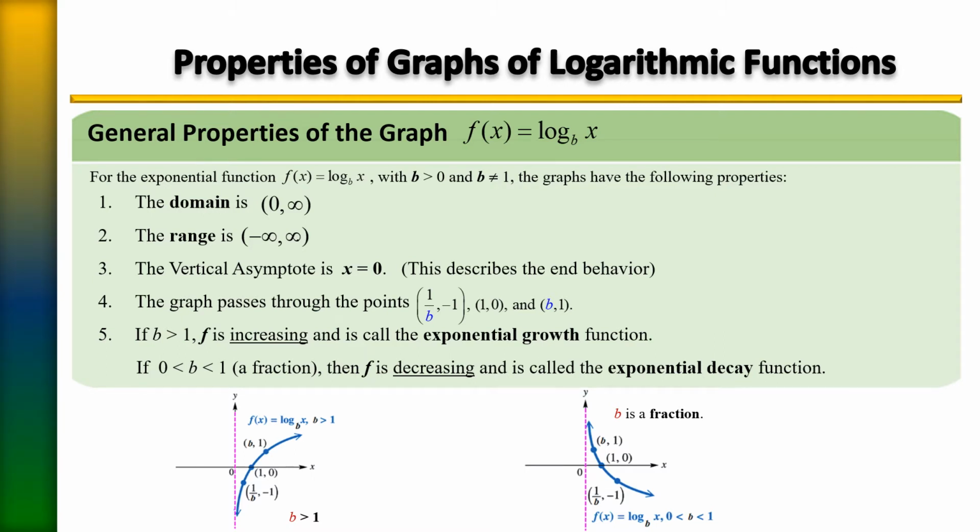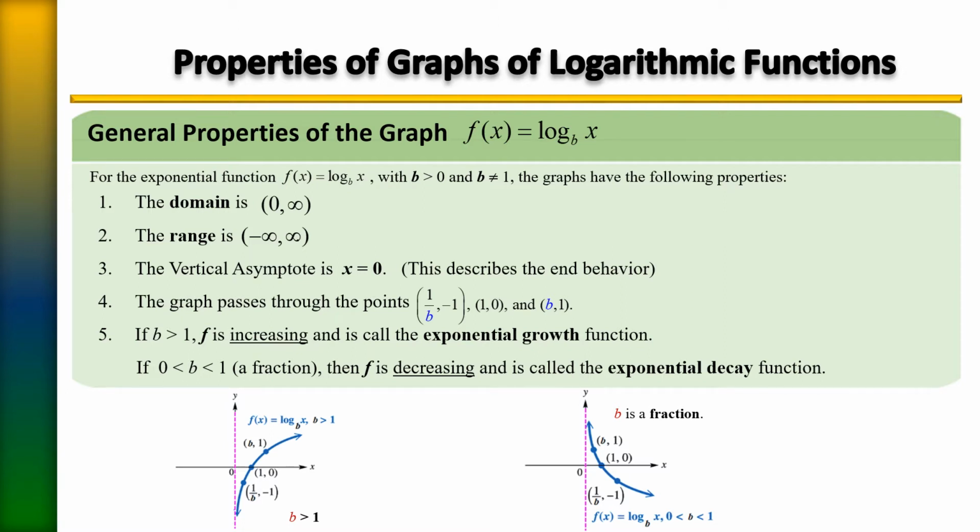So they all have the general property of a domain being from 0 to positive infinity, which is sort of the opposite of an exponential function. Recall, an exponential function had a horizontal asymptote at y equals 0, and it sort of sat on the x-axis, but not touching it.